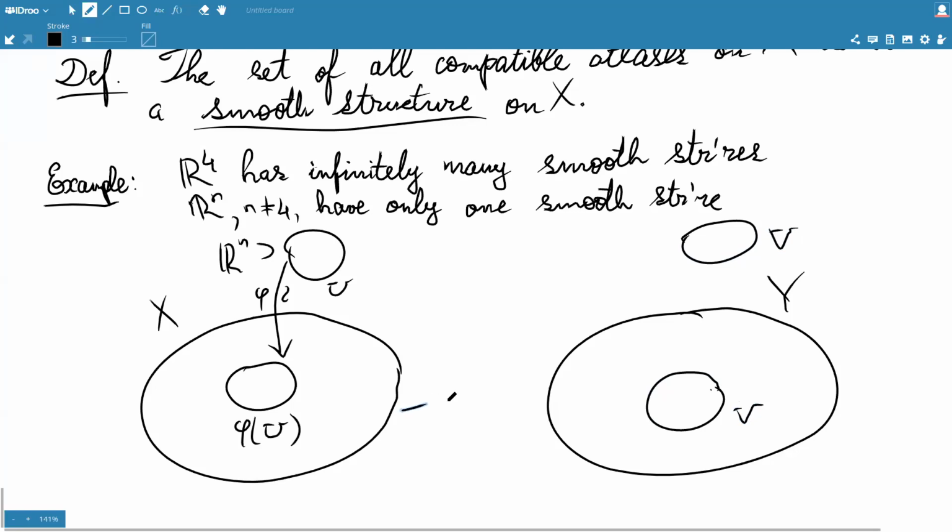And assume we have a map from X to Y, a continuous map. Since we are in the category of topological manifolds, the only maps which we consider are continuous.